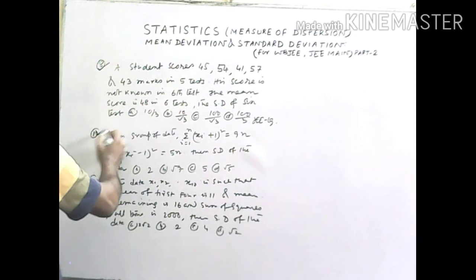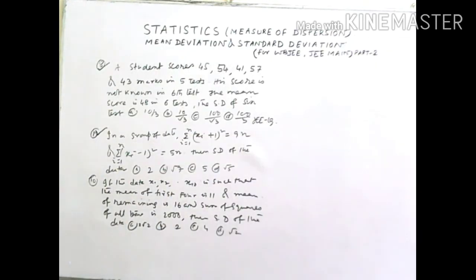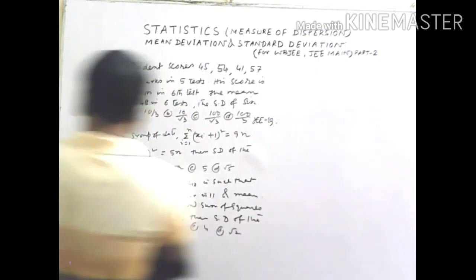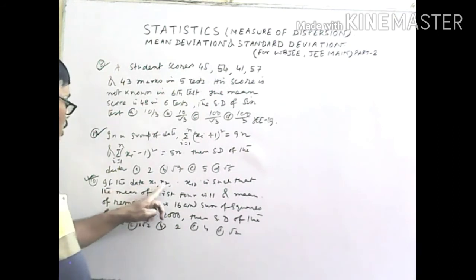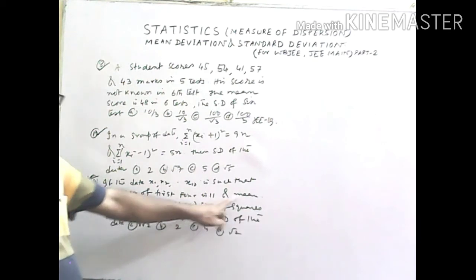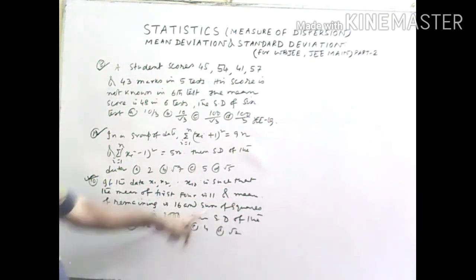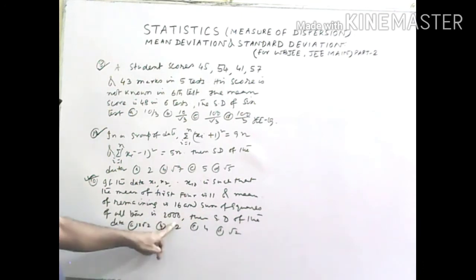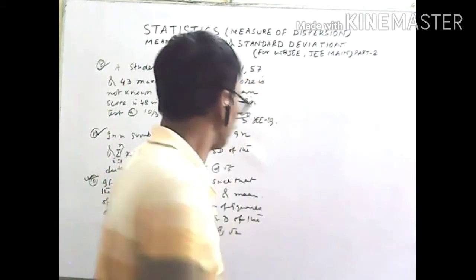Now we consider the last 3 problems. Look, problem number 10. If the data x1, x2, up to xn is such that the mean of the first 4 is 11 and the mean of the remaining is 16 and the sum of the squares of all terms is 2000, then find the standard deviation of the data.